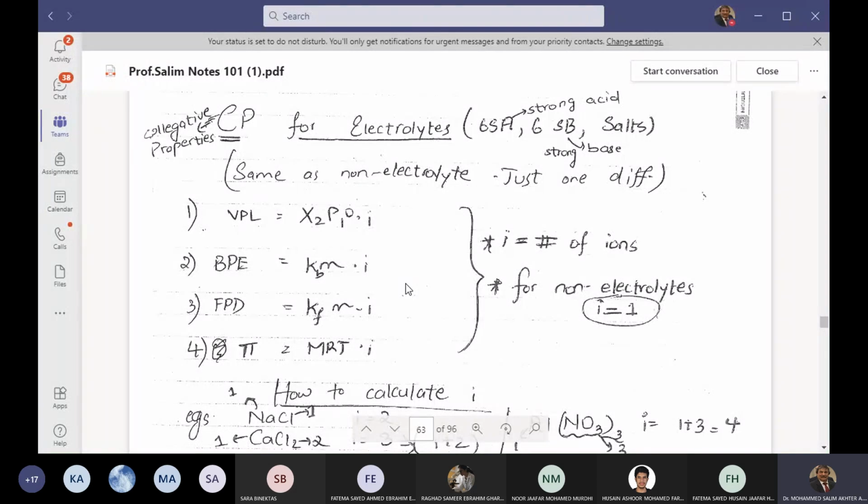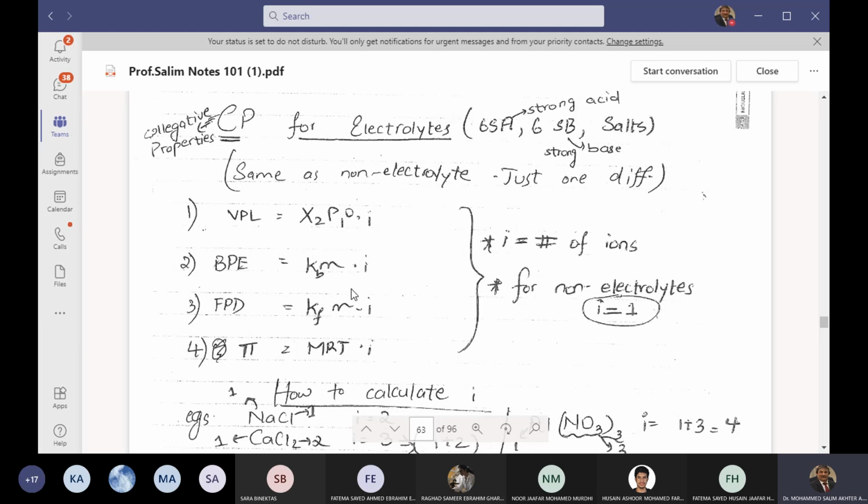What is i? i is the number of ions. For non-electrolytes, i equals 1. The reason is there is no dissociation in non-electrolytes, so i is equal to 1.